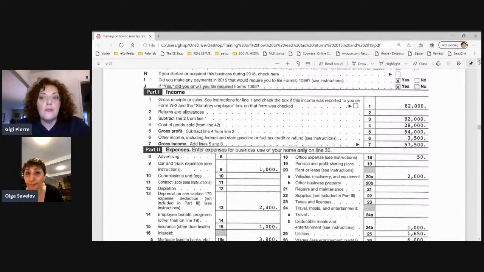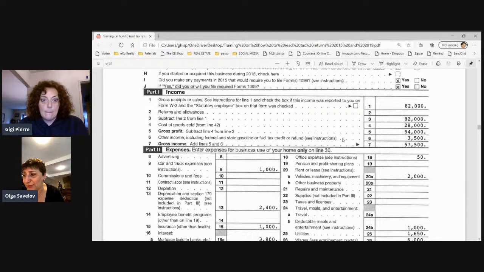All right, so let's go over those lines. I just want to make sure everybody sees this. On Part 1, income, the gross receipts: that's 82,000. Then line 4 will be subtract cost of goods, which had 28,000. Correct.